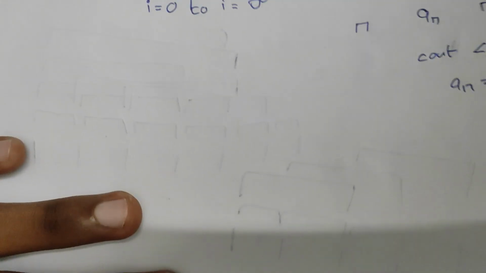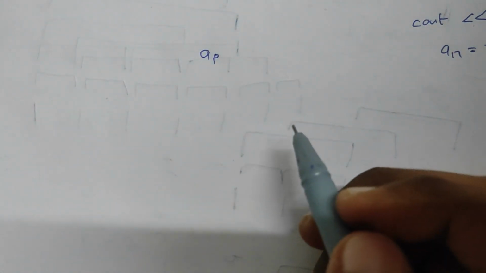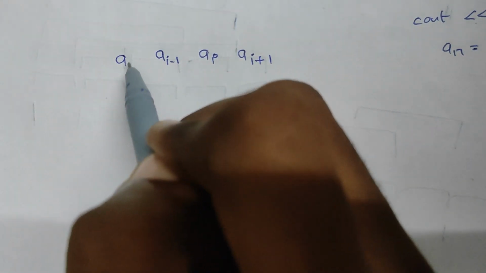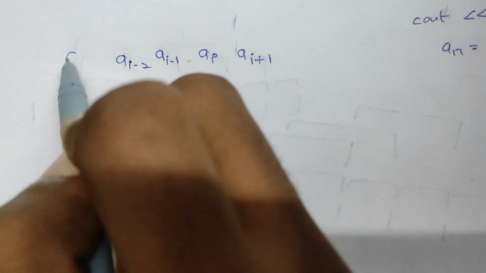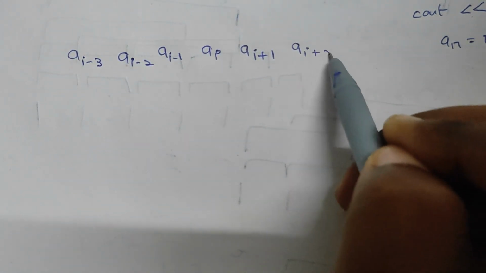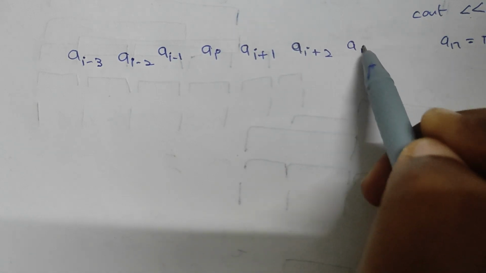In this problem the major observation is that a_i can be only affected by its neighbors. Initially a_i will be only affected by its neighbors a_(i-1) and a_(i+1). Suppose I write a few more neighbors: a_(i-2), a_(i-3), a_(i+1), a_(i+2), a_(i+3).